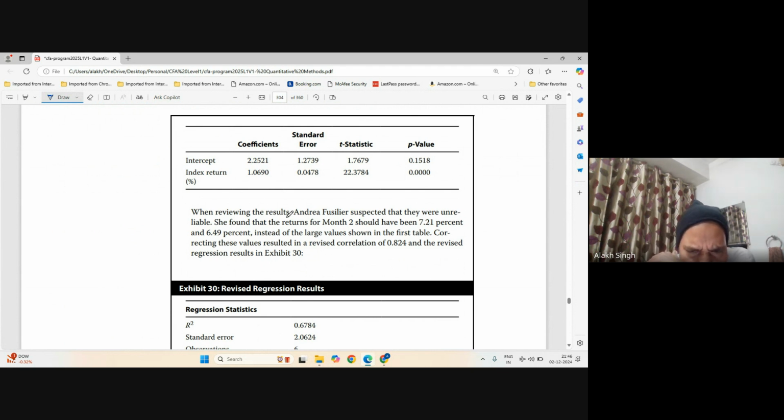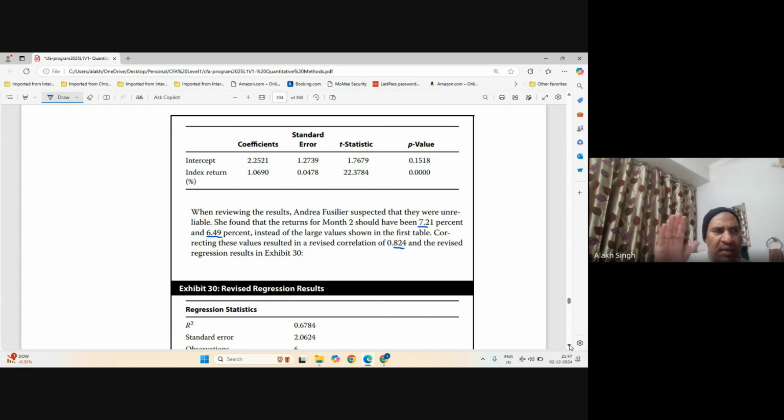She found that the returns of month 2 would have been 7.21 and 6.49, not the large values shown in the first table. Correcting these values resulted in a revised correlation of 0.824, much smaller than 0.996.